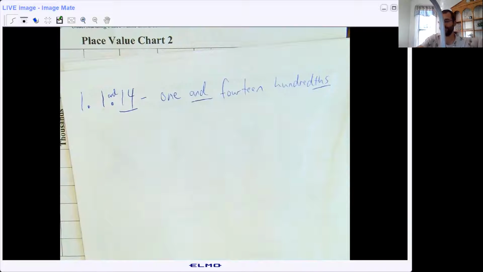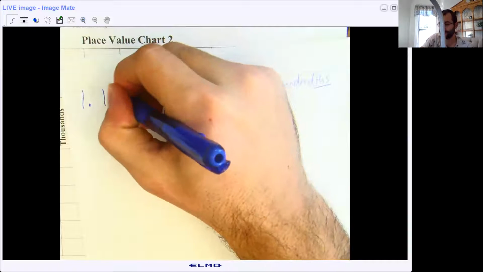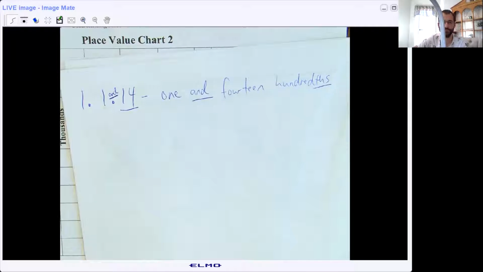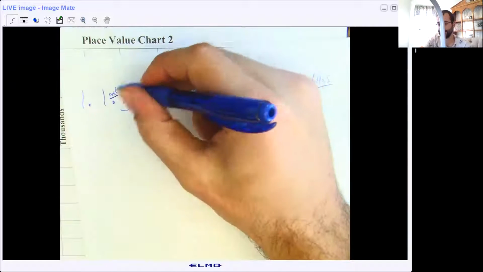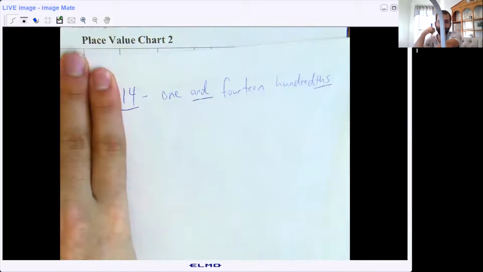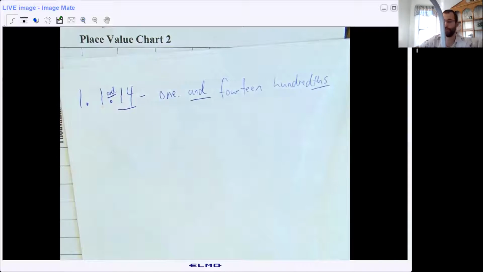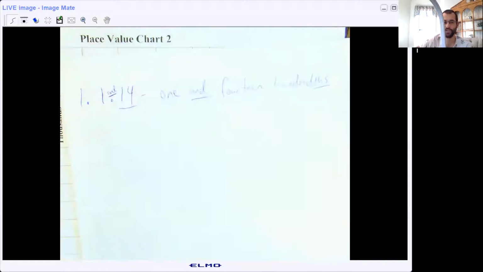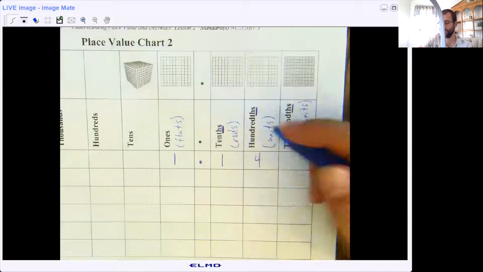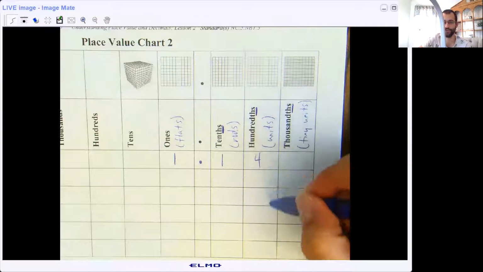The next thing I always say is my decimal, which is "and." 1 and. Well, the next number I see is 14. So there's my next number, 14. And my last thing I put is whatever place value this goes to. If you look here, it goes to the hundredths place.